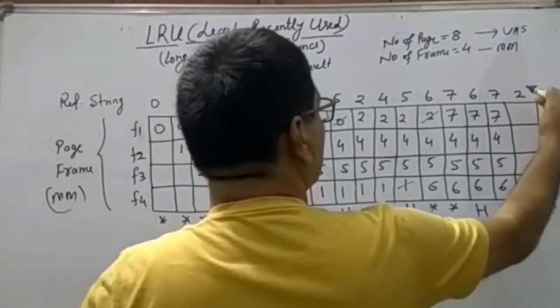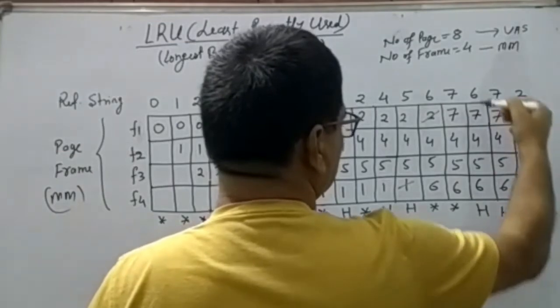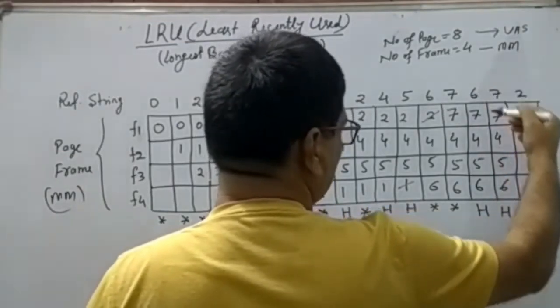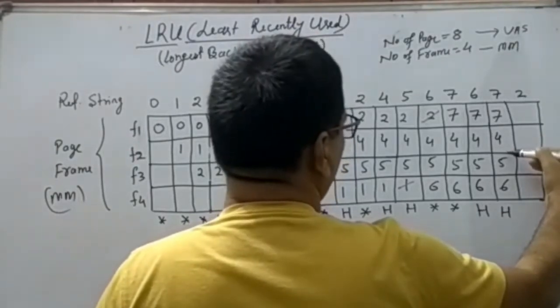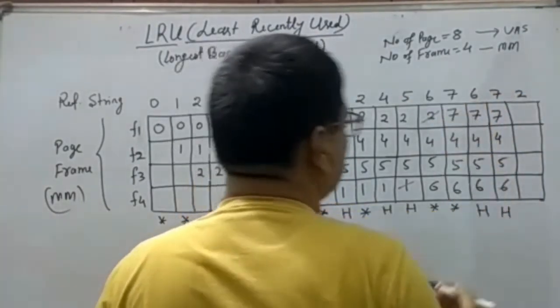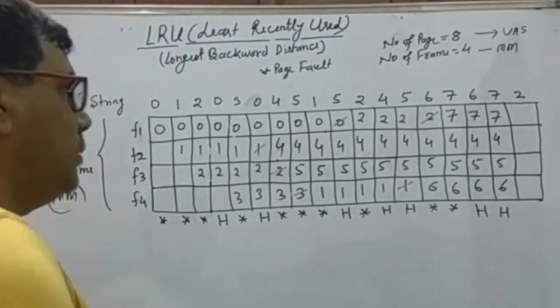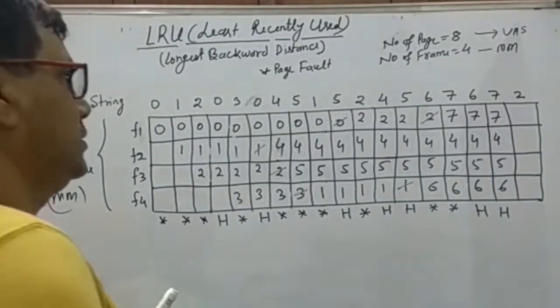Now here 7 is very near, 6 is also near, and there are 2, 4 and 5. Then 5 is here and 4 has the longest distance.